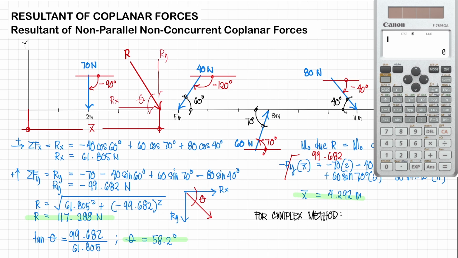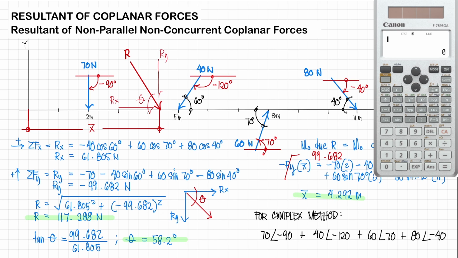The first one is 70 newtons, so we have 70 angle negative 90. Plus, we have 40 newtons, and the angle is going to be negative 120. Plus 60 newtons, and the angle is going to be 70. Plus 80 newtons, and the angle is going to be 40 degrees.